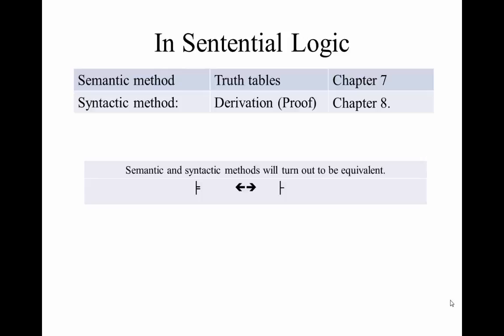Anything you can prove using truth tables, you can prove using derivations, and vice versa. Also, anything you can't prove using truth tables, you can't prove using derivations either, and vice versa. This is fortunate. This shows that we have set up our system properly.